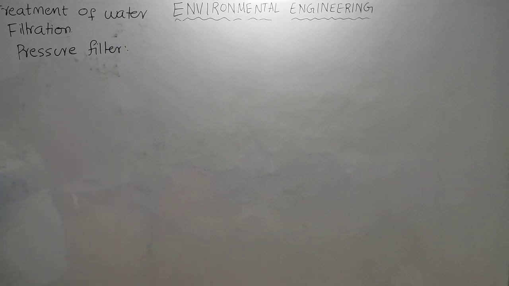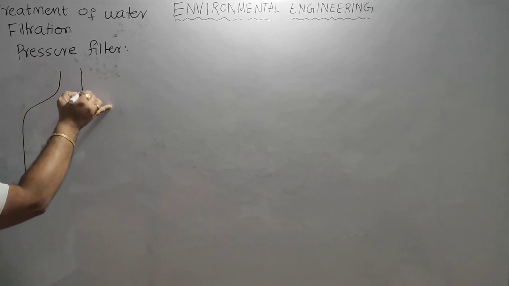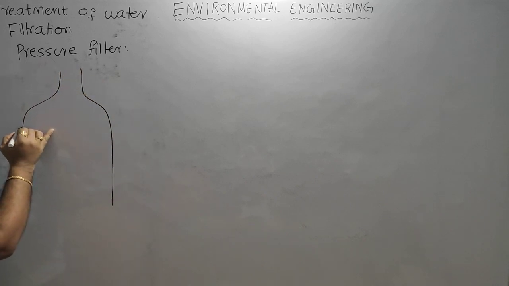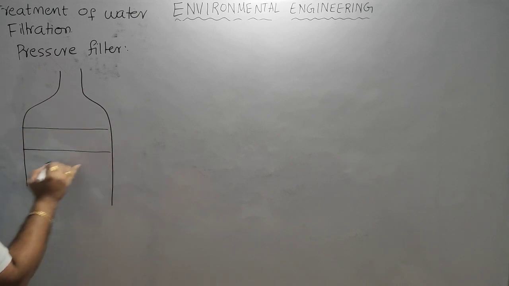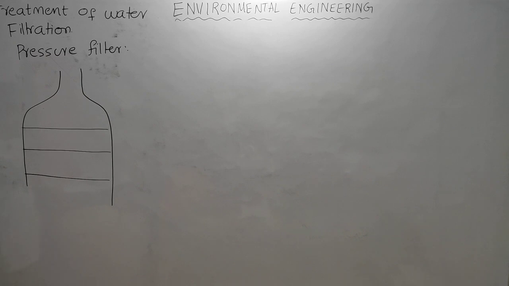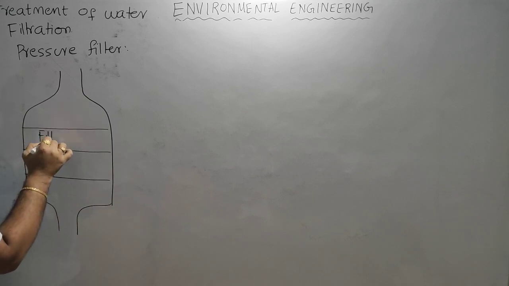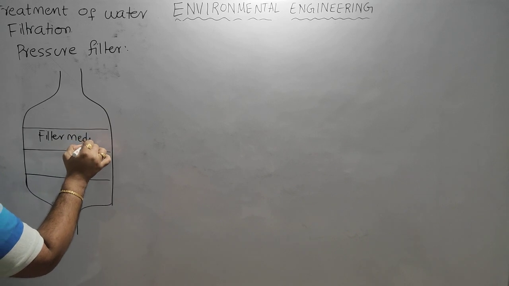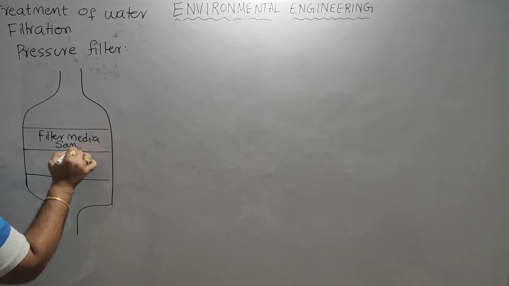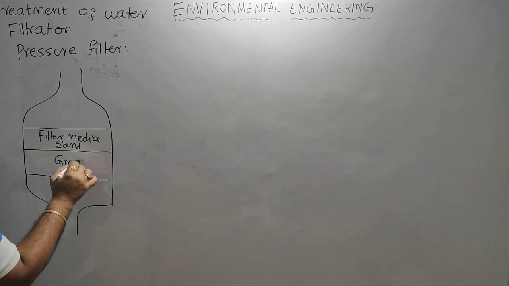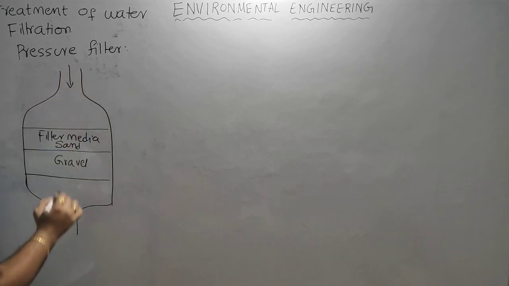Pressure filter. So the pressure filter will be like this. So there will be a filter media or a base material on a base material, so water is sent here.